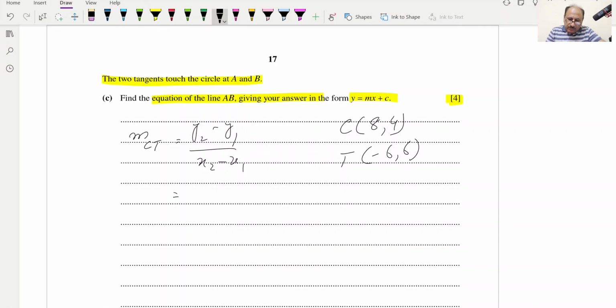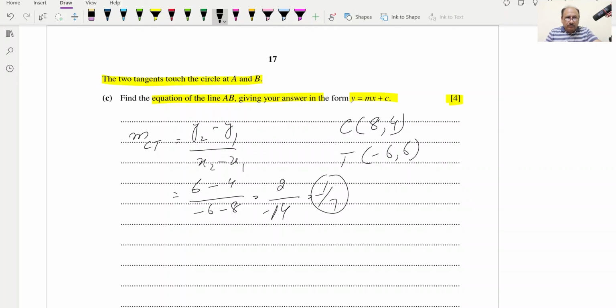So y2 we can take as 6, y2 minus y1 is 4, over x2 is minus 6 and minus 8, x2 minus x1. So this will be equal to 2 over minus 14, and this will be equal to minus 1 by 7.